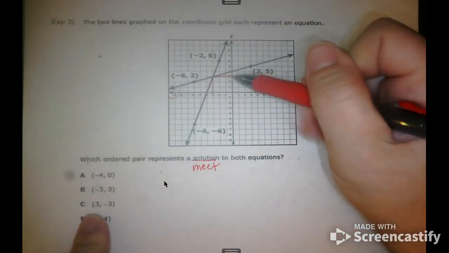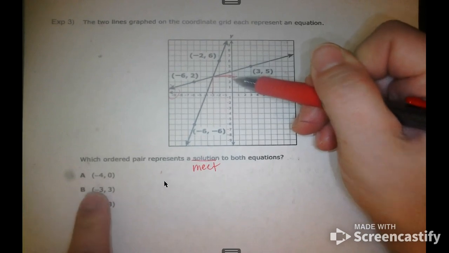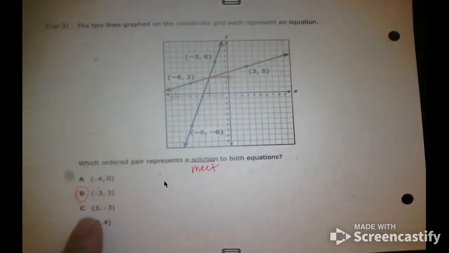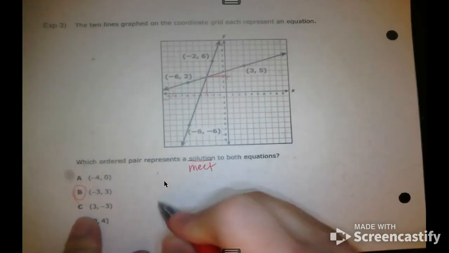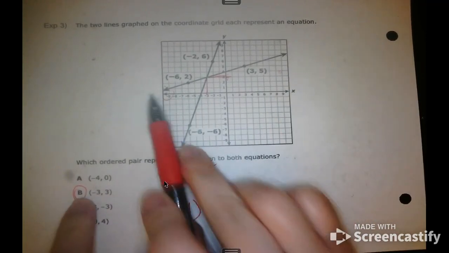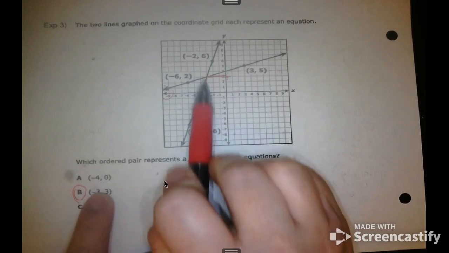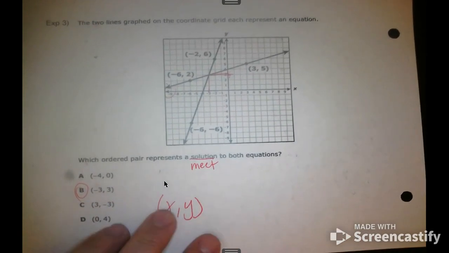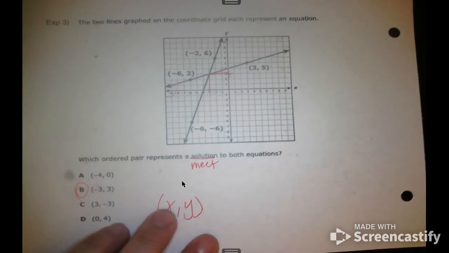Y'all put +3. Y'all keep going to the y first. It has to be B. When you have a coordinate pair, it is x and y. My x-axis numbers are here. This is -3, +3.